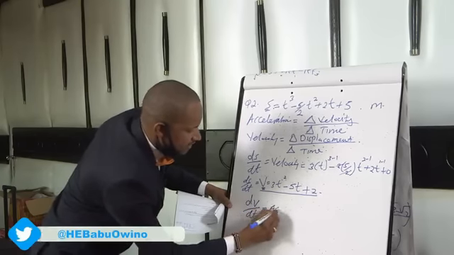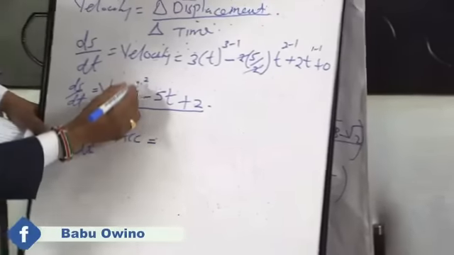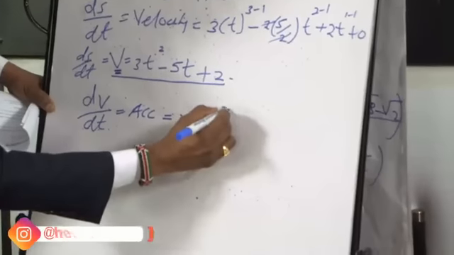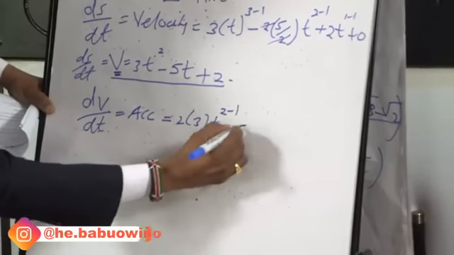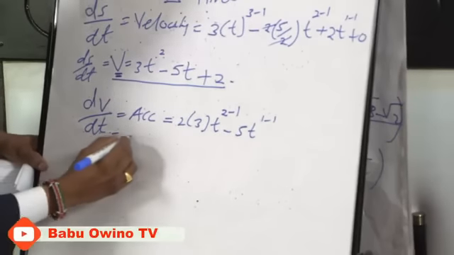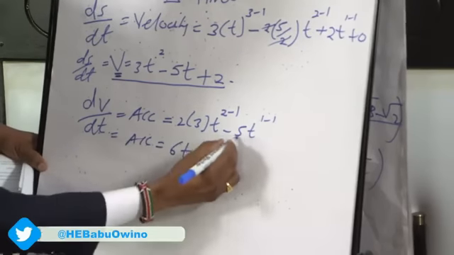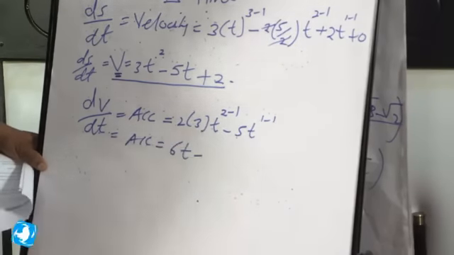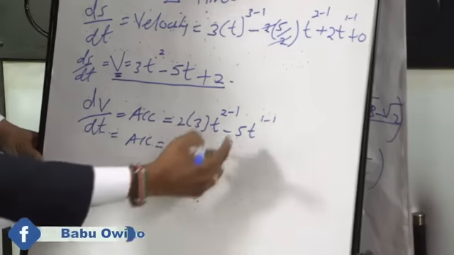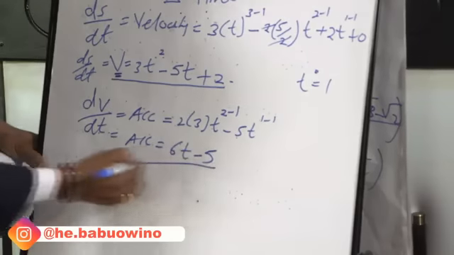This gives us the acceleration: you bring 2 down, multiply by 3, then t to the power 2 minus 1, minus 5 into t to the power 1 minus 1. So our acceleration equals 6t minus 5, because t raised to power 0 is 1. So this is our acceleration.